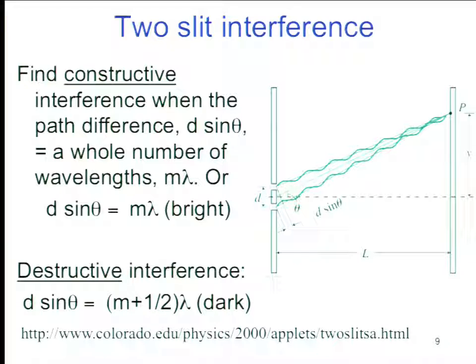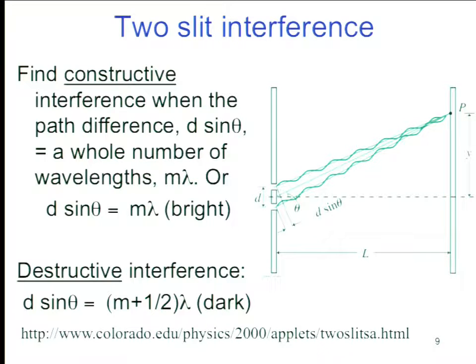So if you have an extra path length of lambda over 2, up here you're going to get a sine of 2 pi x over lambda plus 2 pi times lambda over 2 over lambda.